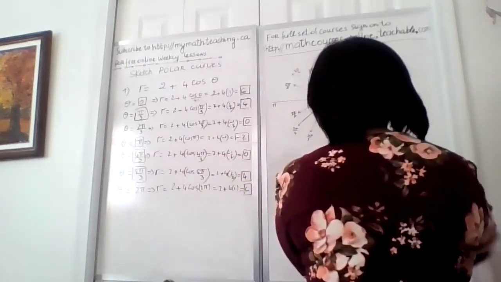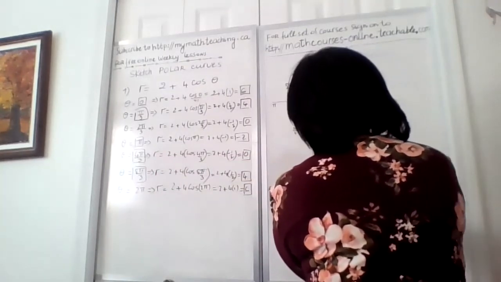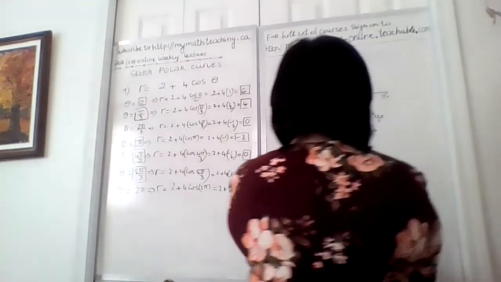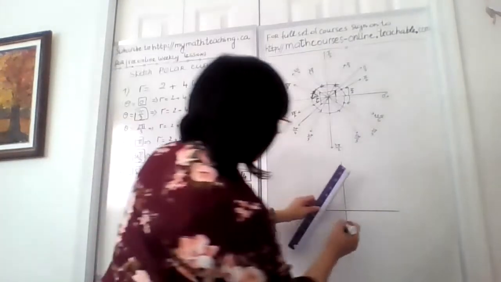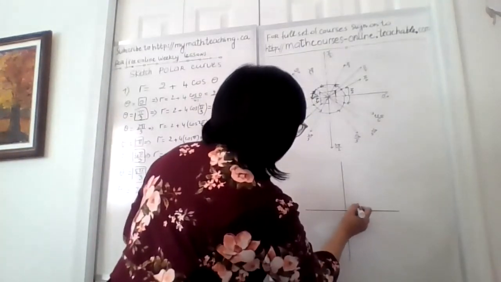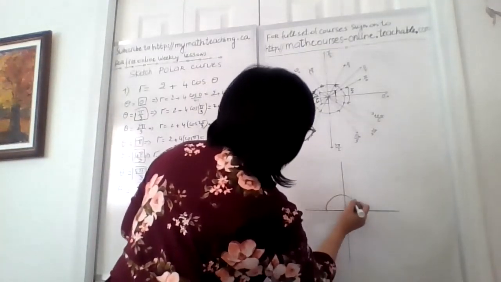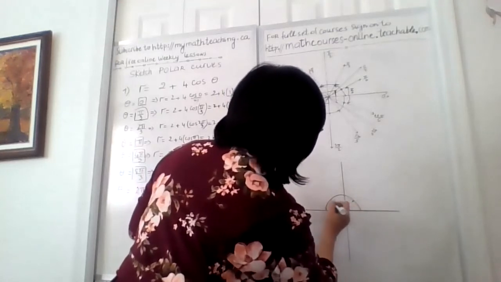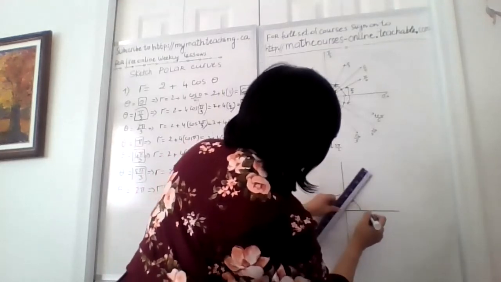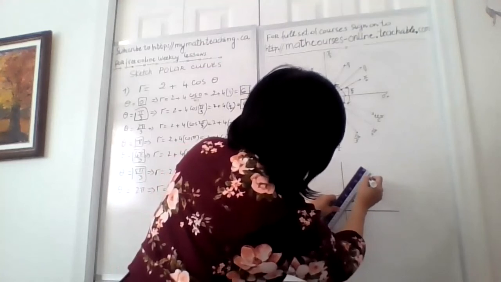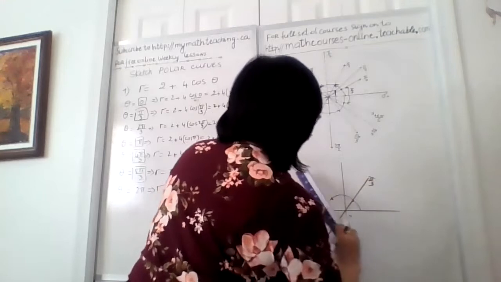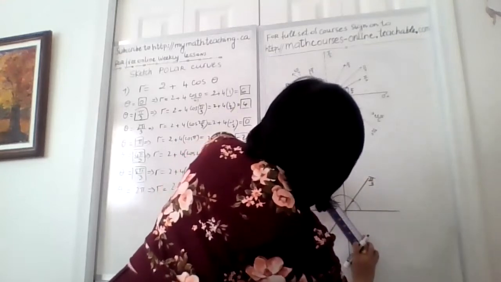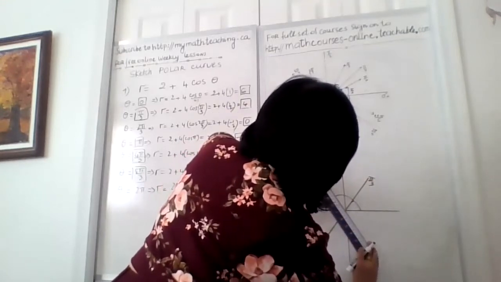So let's say we have this here, and we're going to have the angle of pi over 3, so I'm going to divide this into 3 parts. So this gives me pi over 3, and this.